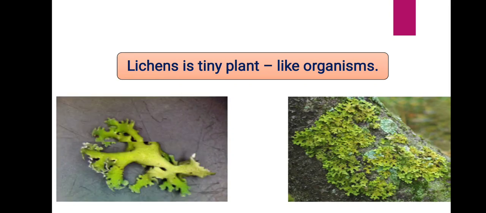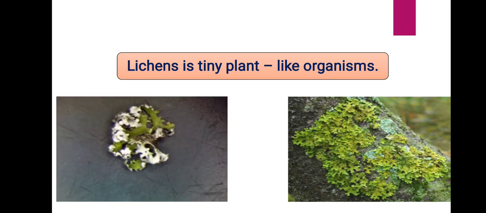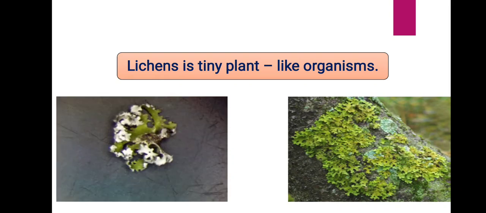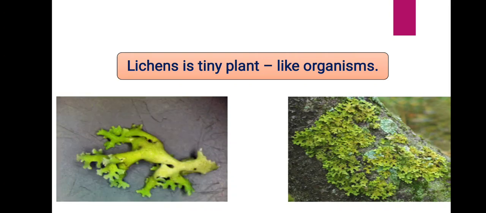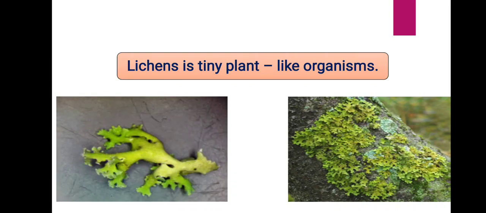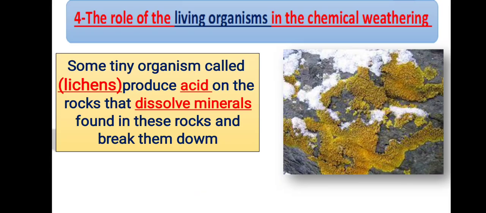As we can see in this picture, this is the lichen. When the lichen grows on the rock, it produces acid, and the acid can dissolve the minerals of the rock, so the rock becomes very weak and is broken down.